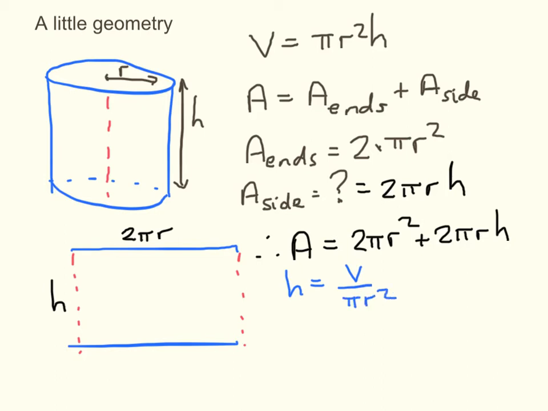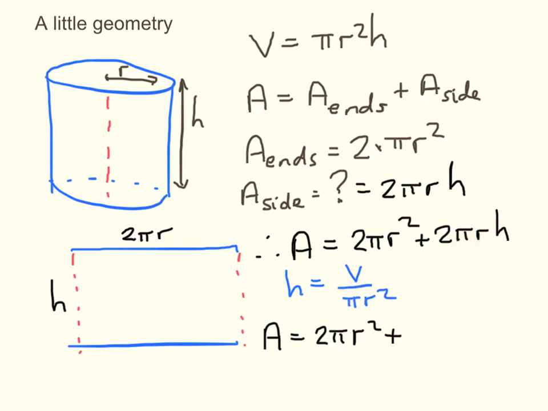So this tells us that the total area is 2 pi r squared, that's the area of the ends, plus 2 pi r times V over pi r squared. The pi on the bottom and the pi on the top will cancel.